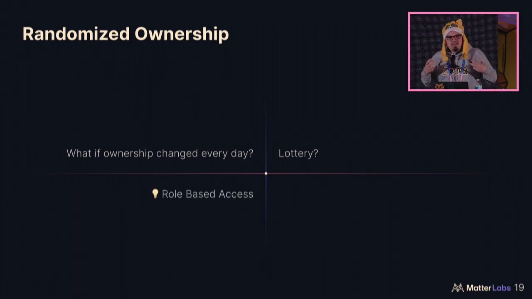And along the way, as I was thinking about how to implement this, I started learning about different ways for role-based access. This concept of ownership can be defined in a few different ways. Also, you would need some sort of scheduler.